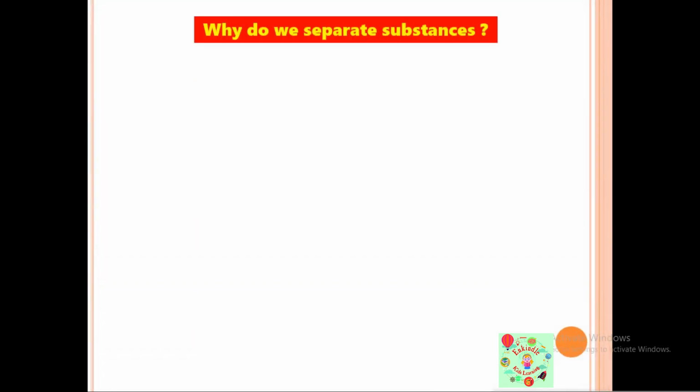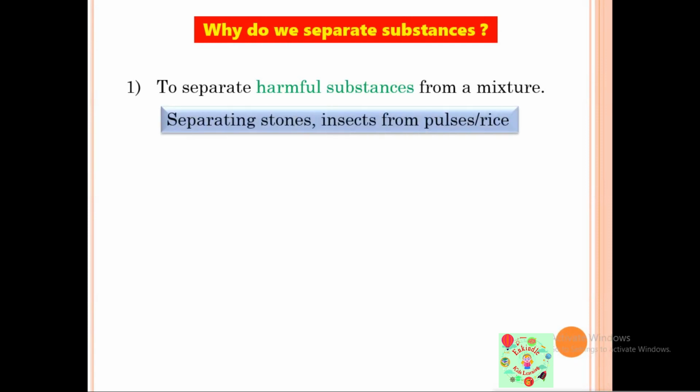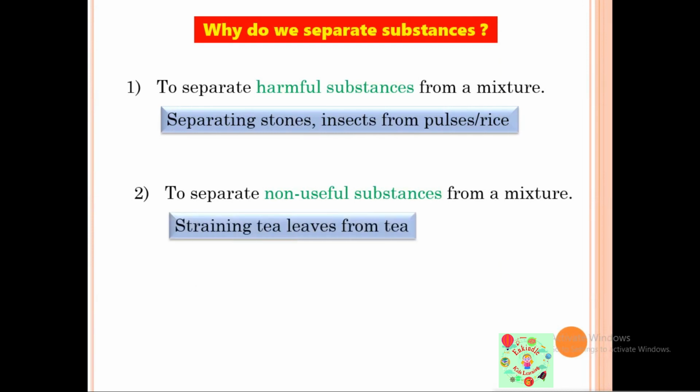Why do we separate substances? The first reason is to separate harmful substances from a mixture. For example, separating stones and insects from pulses or rice. The second reason is to separate non-useful substances from a mixture, that is, straining tea leaves from tea.